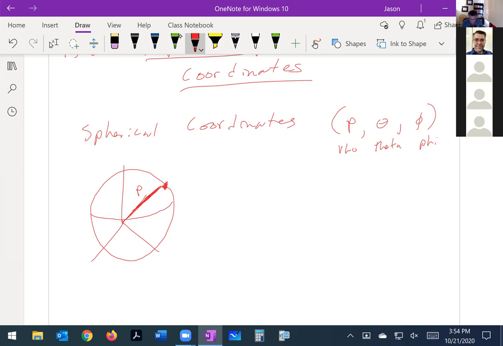I mean, just use R, right? But there's a reason we don't use R. Because R is the radius of a great circle, and R is reserved for the radius in the xy plane.